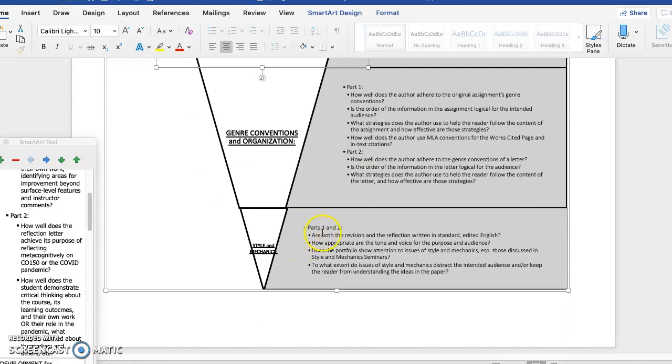And then style mechanics, both for part 1 and part 2, are the revision and reflection written in standard written edited English? How appropriate are the tone and voice for the purpose in the audience? Does the portfolio show attention to issues in style mechanics? To what extent do issues in style mechanics distract the intended audience and or keep the reader from understanding the ideas in the paper?